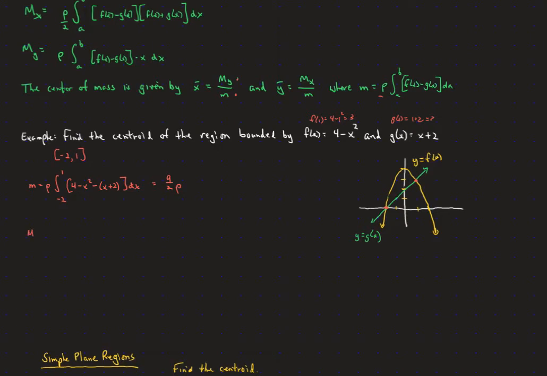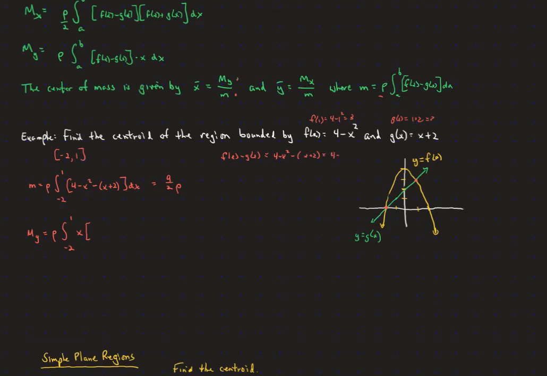Our moment about, let's do the easier one, the y-axis is going to be rho times our integral from -2 to 1. And the distance to the y-axis is going to be that x. And that's going to be then times that f of x minus g of x. Maybe I should just go ahead and write out what that is, because it's going to come up again. So f of x minus g of x is 4 minus x squared minus the x plus 2.